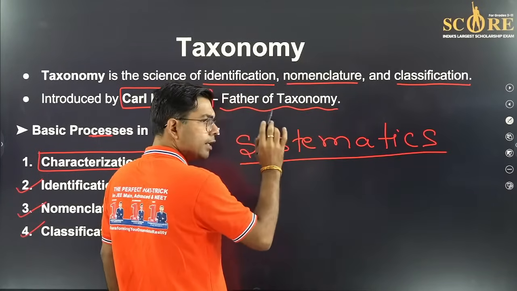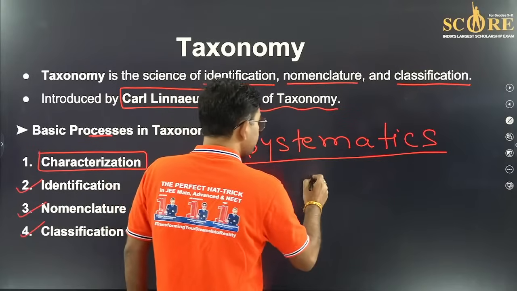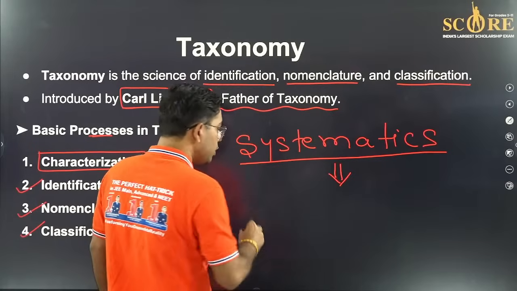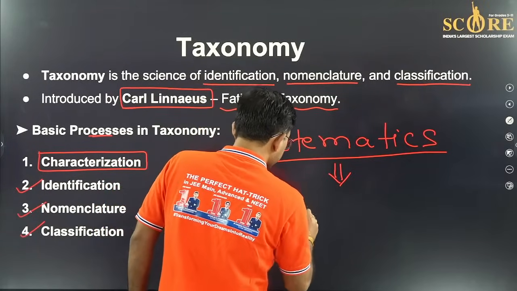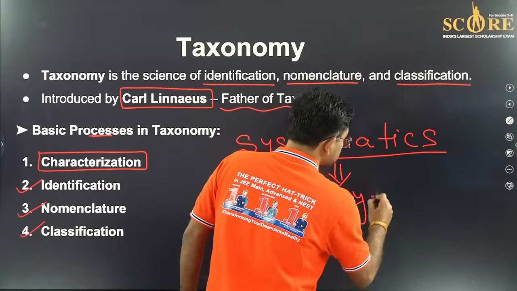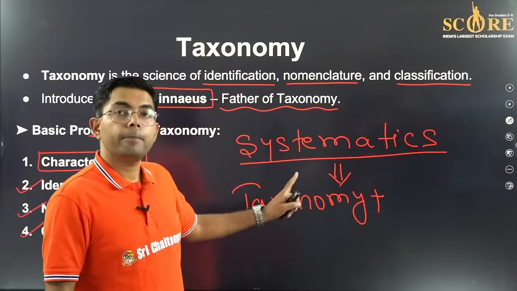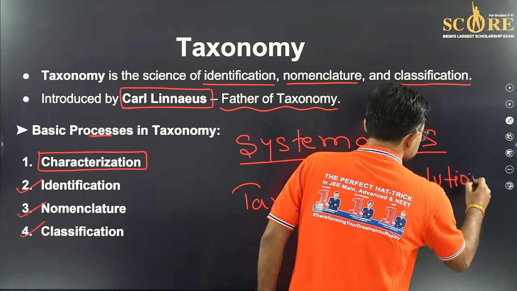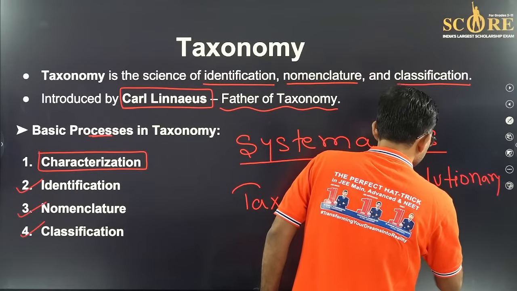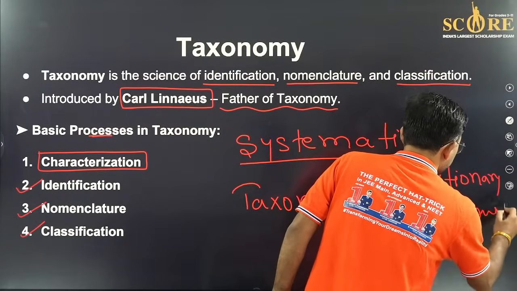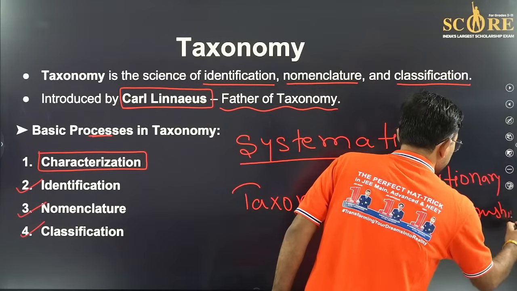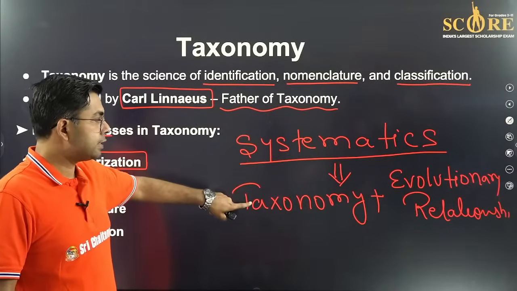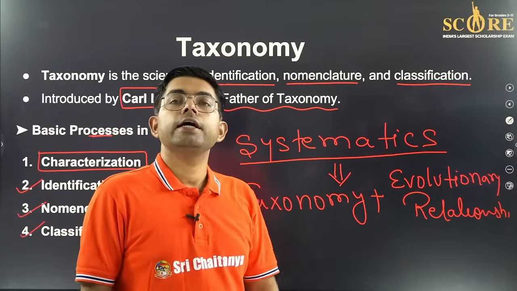In very simple terms we can say systematics is equal to taxonomy plus evolutionary relationship. Remember this very, very important point here, that systematics is taxonomy plus evolutionary relationship.